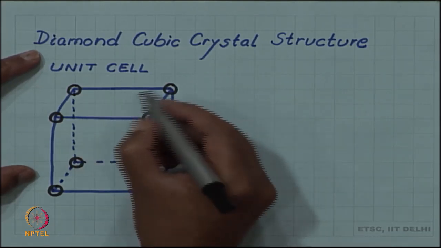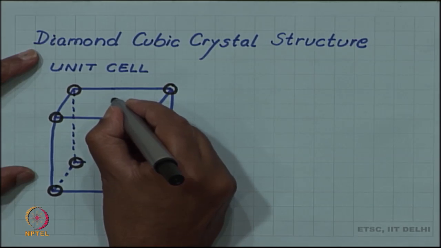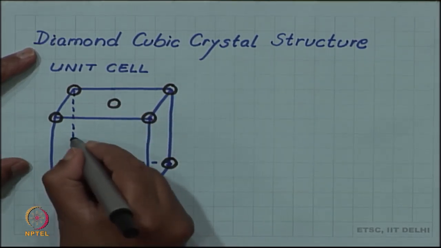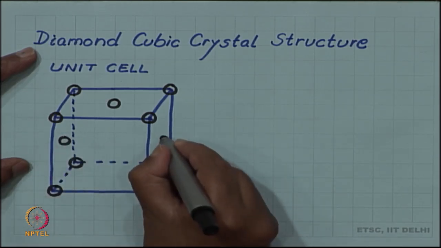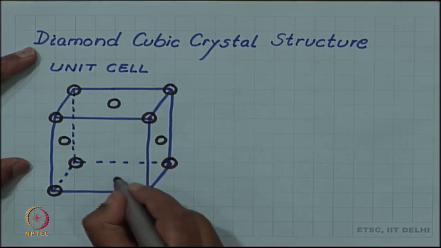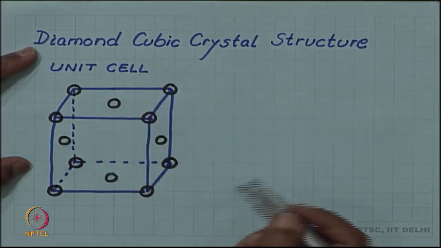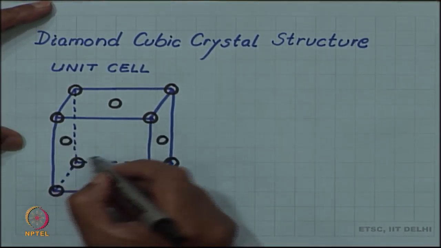It is a face centered cubic unit cell, so we place atoms at face centers also. Top and bottom face center, left and right face center, we need to place the front and back also.